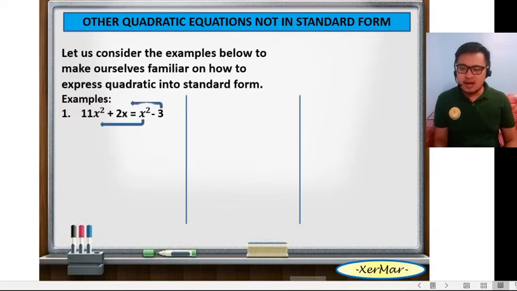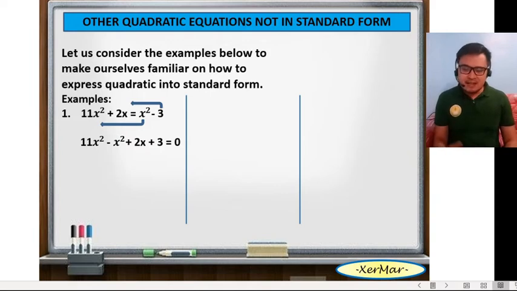Kaya meron tayong 11x squared minus x squared plus 2x plus 3 equals 0. Dahil yung mga terms natin sa kanan ay nilipat na natin sa kaliwa, ang matira sa kanan ay 0.